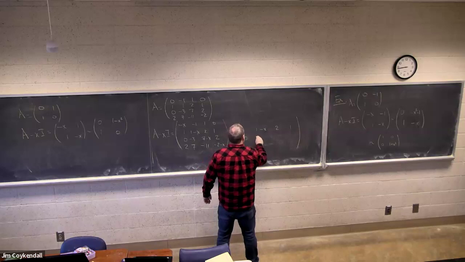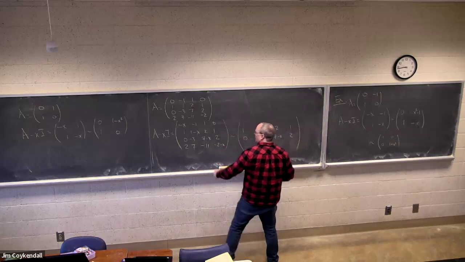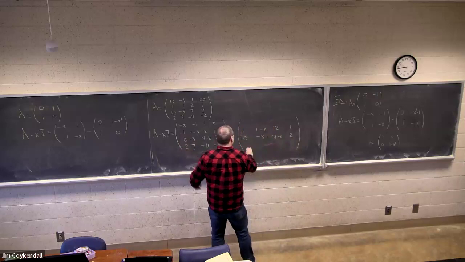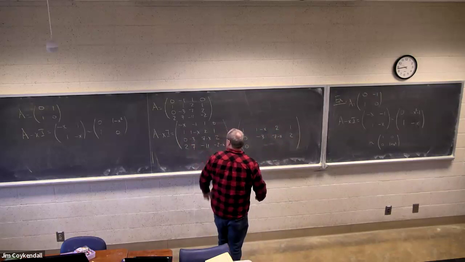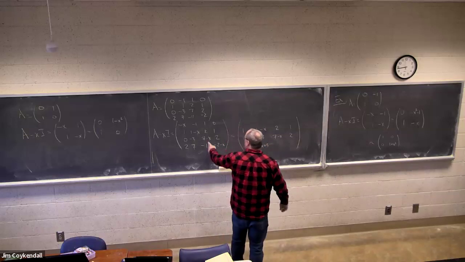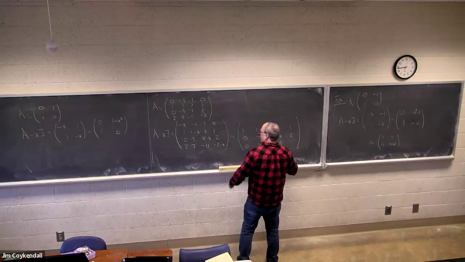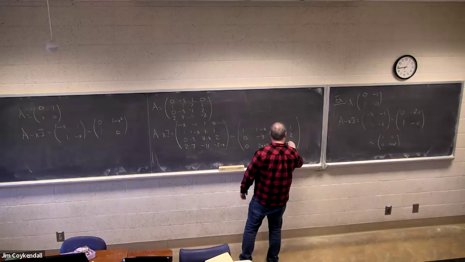So I've already got 0, minus 3, 7 minus x, 2, multiplied by negative 2 and add. That's 2x plus 5. That's going to be minus 15. That's going to be minus x minus 4.